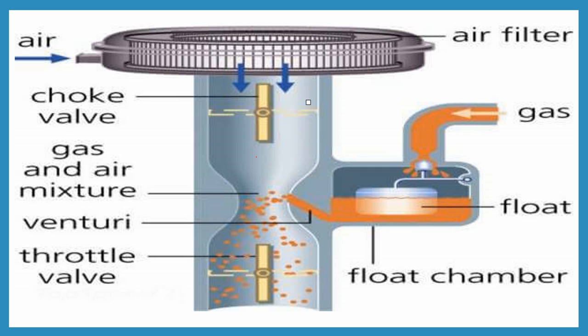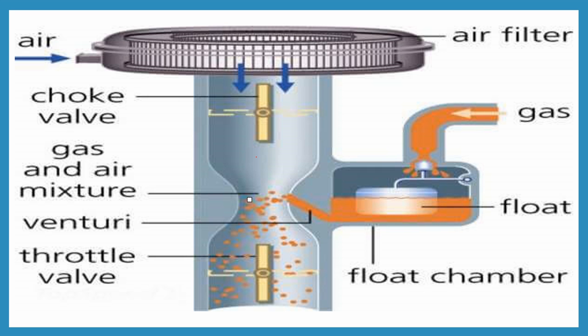There is a choke valve available. On one side, the float chamber is connected with the carburetor, and here the gasoline or petrol enters the float chamber, and from the float chamber the fuel is delivered into this area.